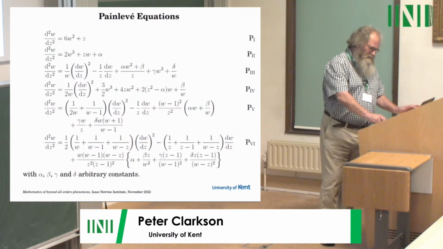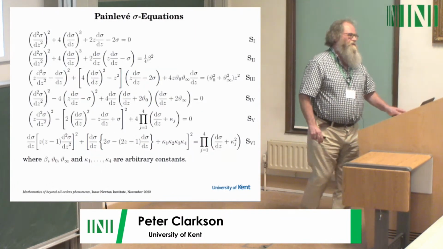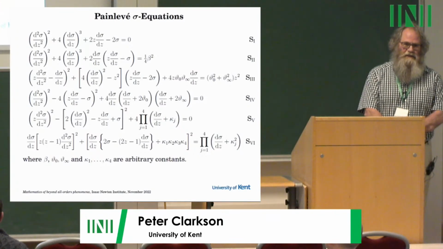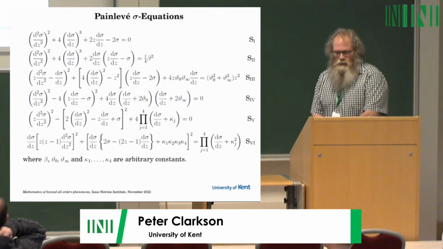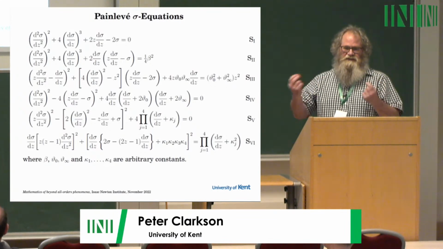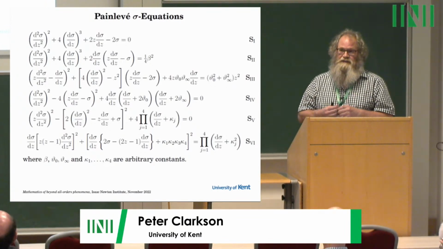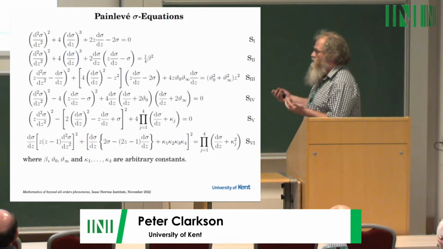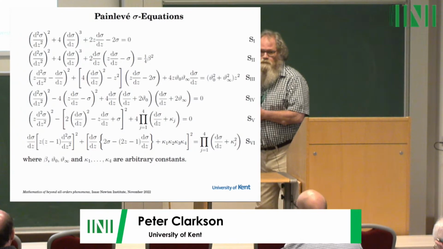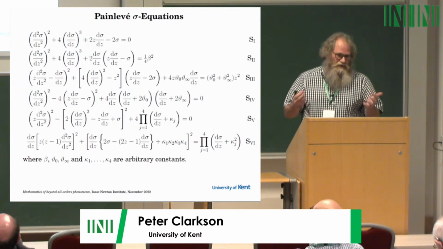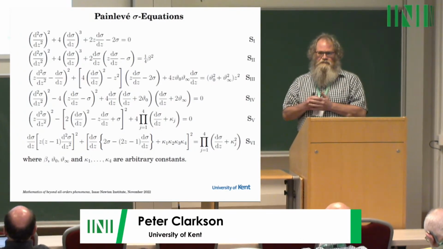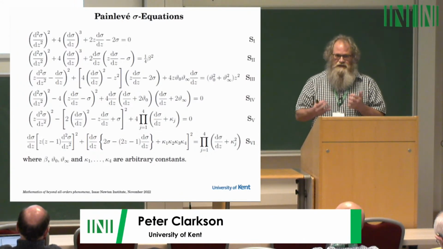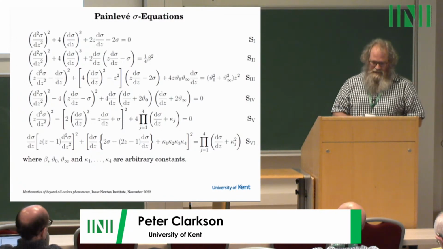And related to the Painlevé equations are 6 second-order, second-degree differential equations, often called the Painlevé sigma equations. There's a one-to-one correspondence between the solutions of the Painlevé equations and the Painlevé sigma equations. In some respects, the solutions of the Painlevé sigma equations can be written in a rather simpler form. Certainly the special solutions can be, but they also arise in applications in a very large number of ways. And I think that's one of the main reasons why there's an interest in trying to look at these as well.